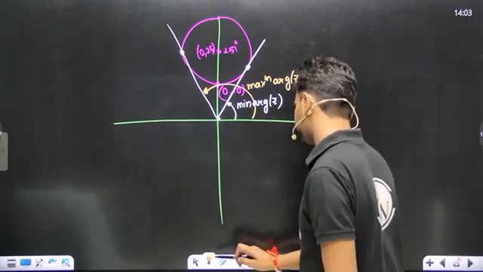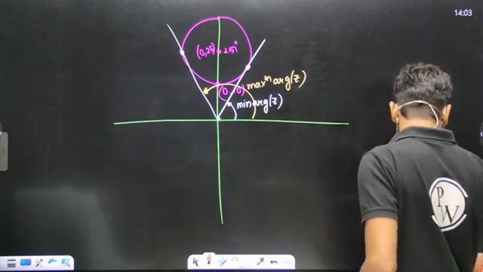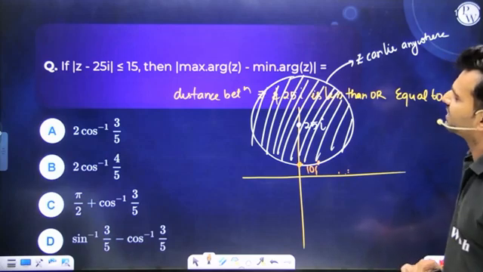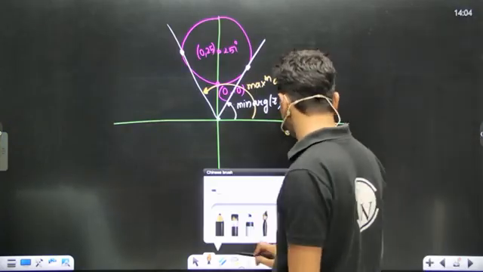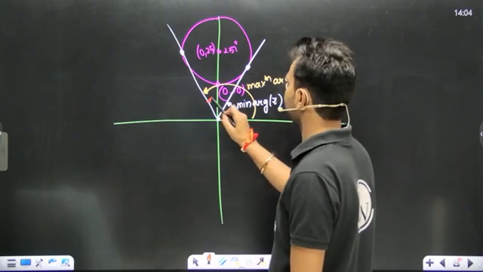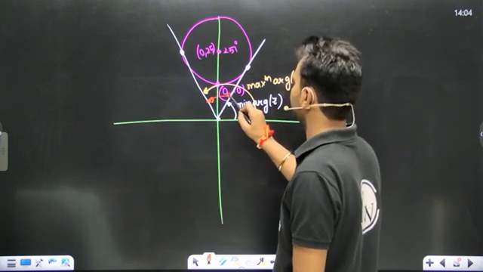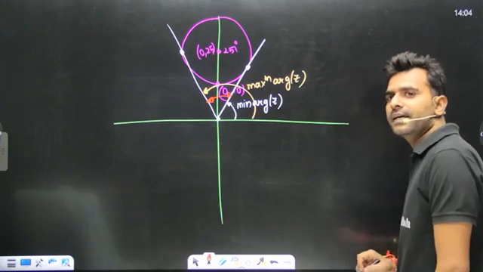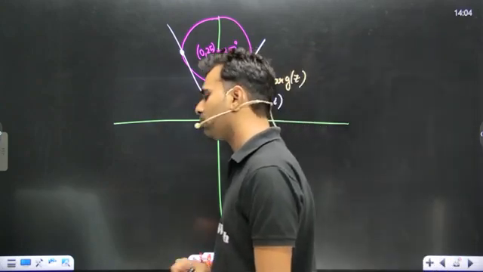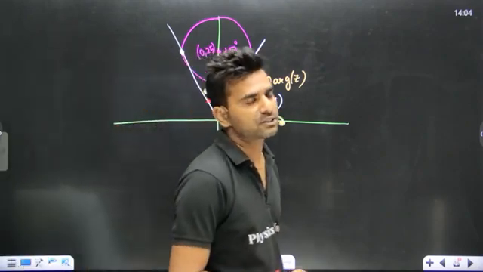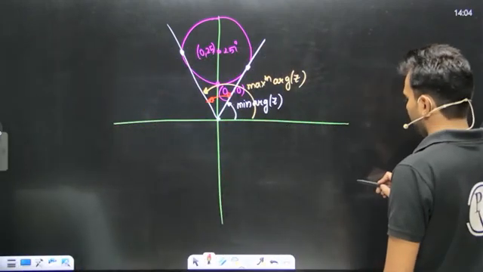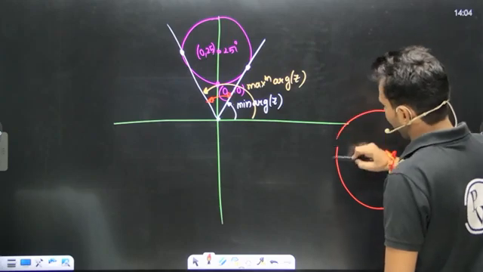Okay, now if it is asking us about the maximum argument of z minus minimum argument of z, it means the question is asking us about this angle. So you can imagine a circle having center 0, 25 and radius being 15, and two tangents are drawn from 0, 0, and ultimately what we want is the angle between the two tangents.